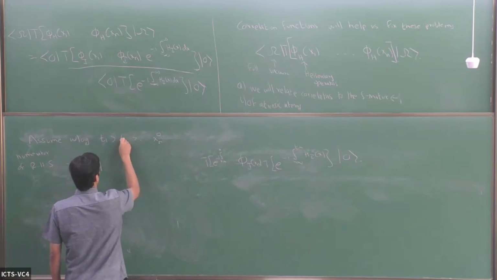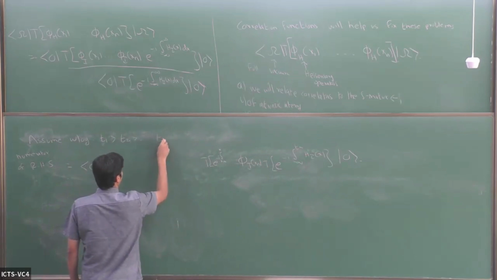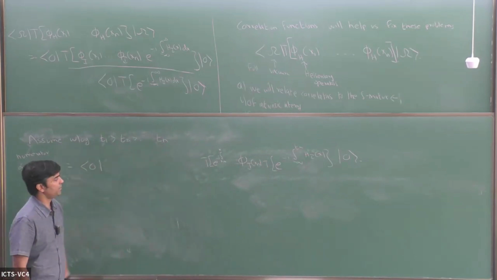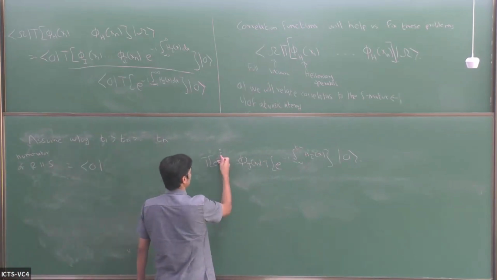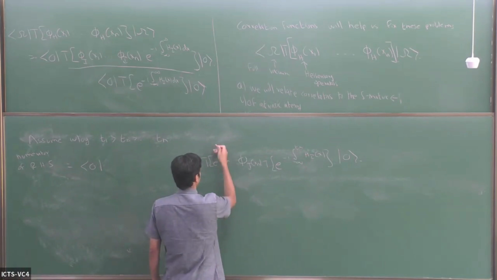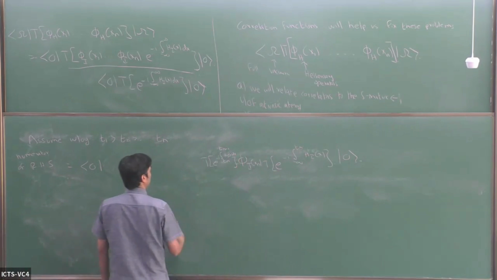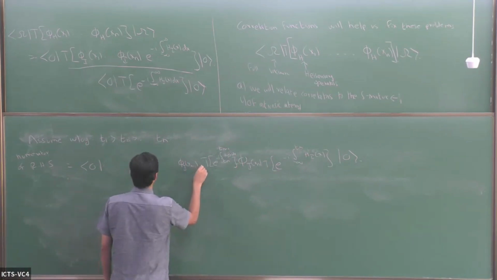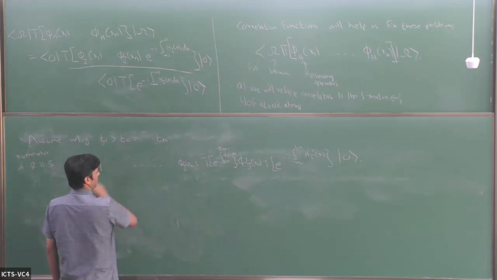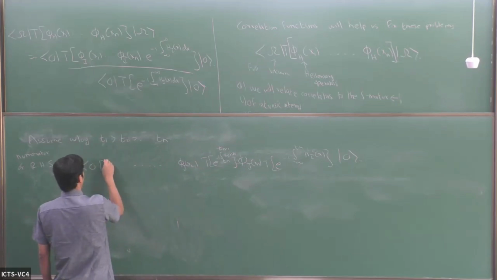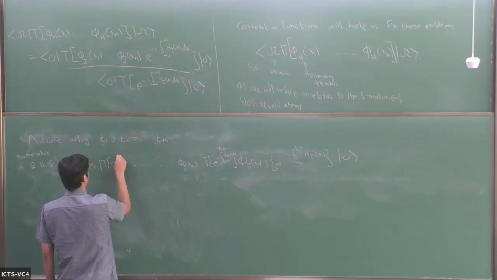So rather than writing 0, I'm just going to call the times T's. And in the end, you will get a time ordered product from x1 to plus infinity.